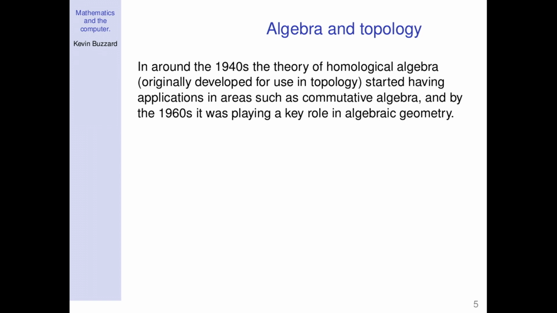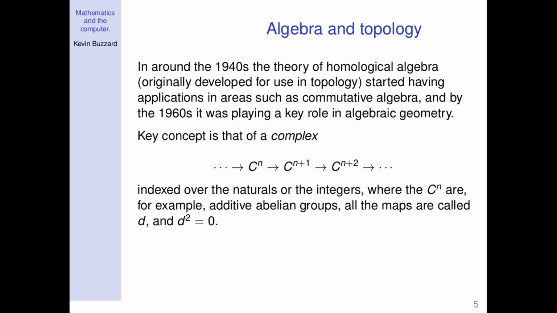And then people found applications in other places. There was a homological algebra revolution in commutative algebra; basically, the introduction of homological methods was a very key thing. And by the 1960s, Grothendieck also used it as a very important component in his treatment of algebraic geometry.